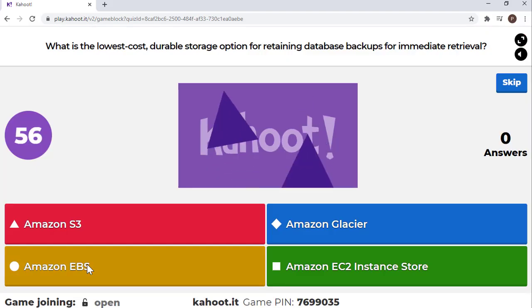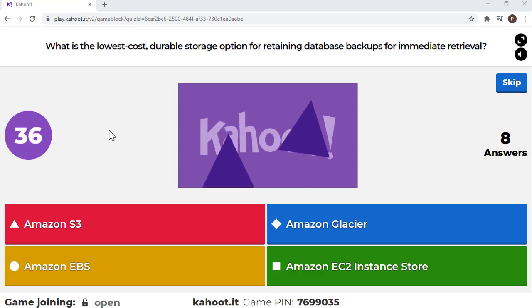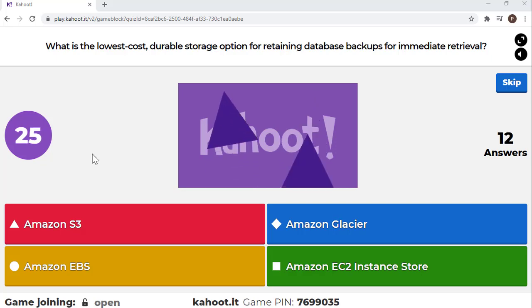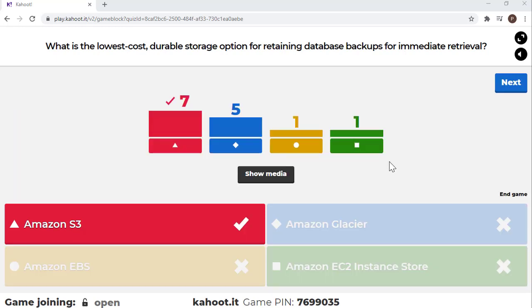Amazon S3, Amazon Glacier, Amazon EBS, Amazon EC2 Instance Store. Amazon S3 is the right answer.